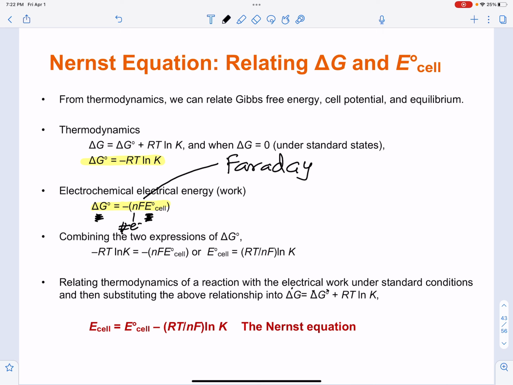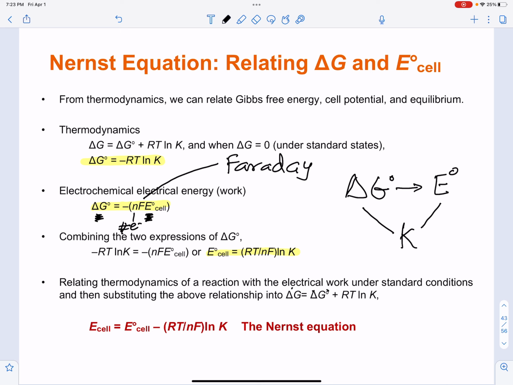So we have a way to relate the Gibbs free energy and the cell potential. And then if we do some manipulation and combination, we come back with a new relationship to find the cell potential in relation to the equilibrium. So we can see how we relate delta G standard to the cell potential, and how we can relate the cell potential to the equilibrium constant, which we know we can relate with the Gibbs free energy.